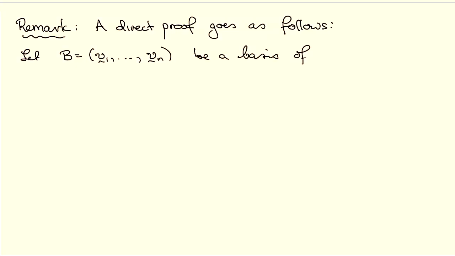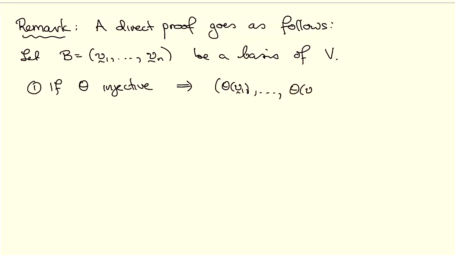If theta is injective, then it implies that the set theta(v1), ..., theta(vn) is linearly independent in W. These are things from last week, Monday's lecture of week 3.